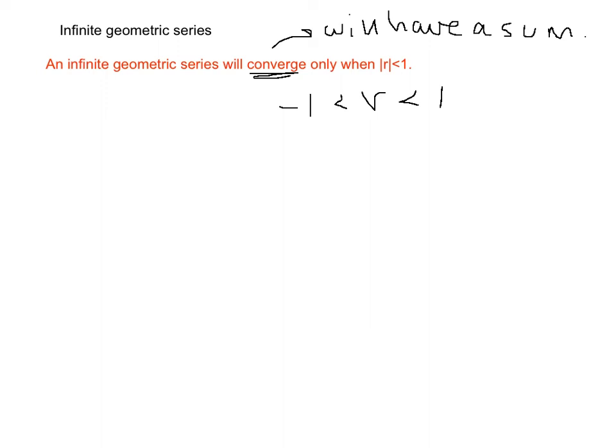Right? Now let's take a second and look here. Remember, our formula for n terms is a sub 1 times 1 minus r to the n over 1 minus r. Now, if the absolute value of r is less than 1, in other words, if r is some number between minus 1 and 1, then when n gets really big, this is going to get really, really small, and in fact, basically become 0.